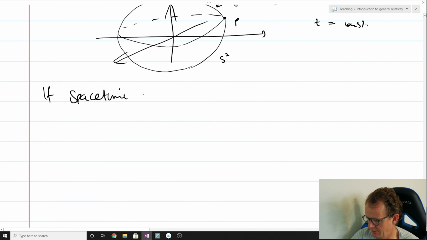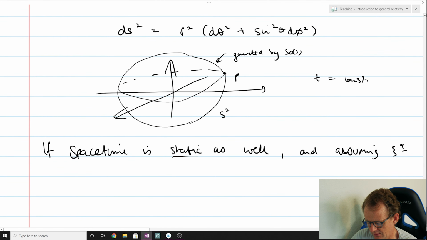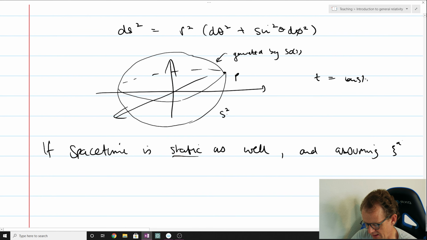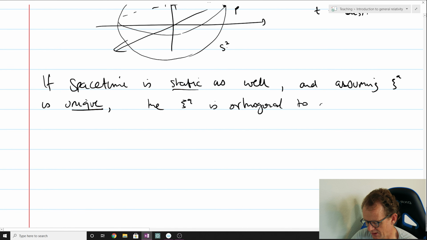So if this spacetime is static as well, and we have to assume that the timelike Killing vector field xi^a is unique, then this timelike Killing vector field is orthogonal to the orbit spheres.